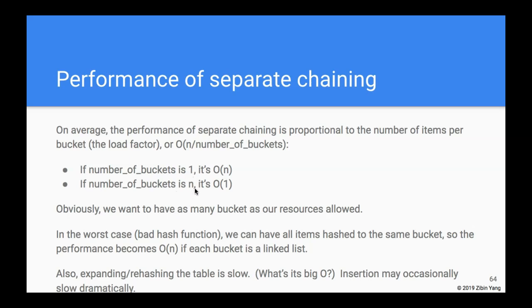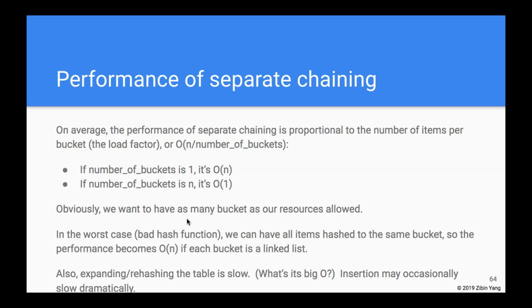Now, if the number of buckets is n, that means on average each item would get its own bucket. That's great, because it would be a constant time operation. So what we want is as many buckets as the resources would allow.